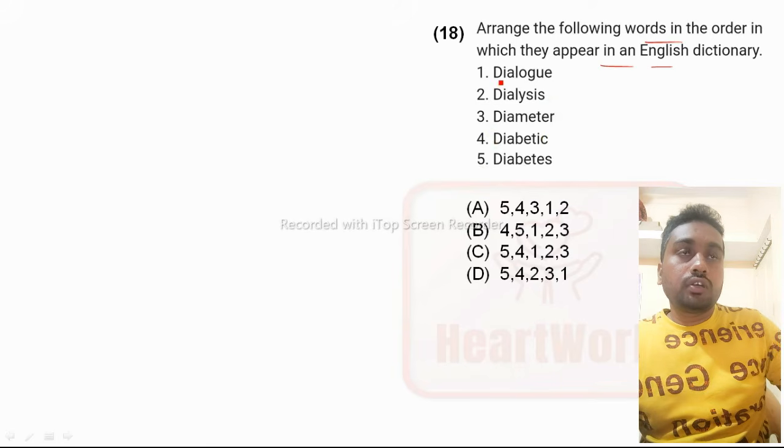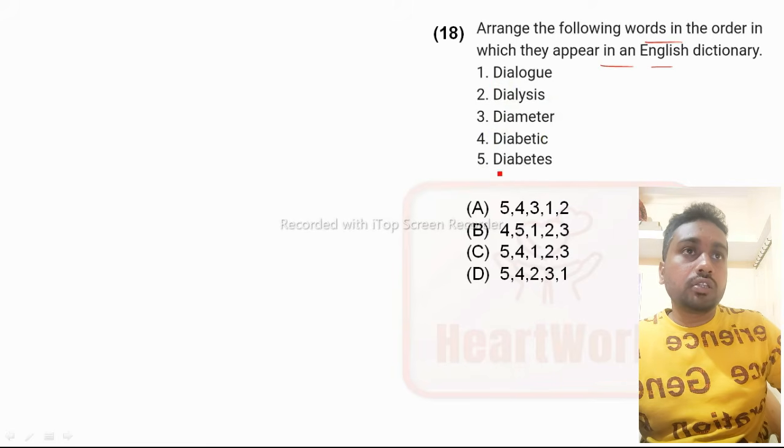The first letter is D everywhere, then I, A, A. These three are common for everyone. Now we'll compare the next one. This is L, L, M, B, B. Which one will come first in the alphabet? B will come. So B is here, B is here.